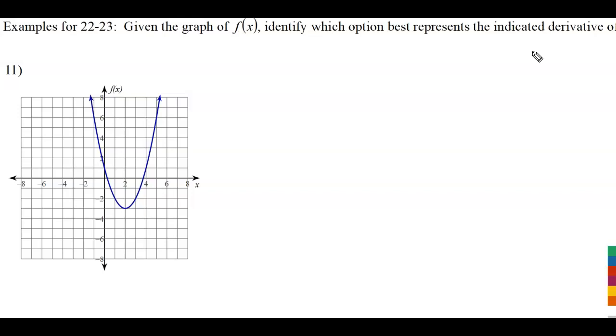Well, you may notice that from here to here, the slope is negative. And you'll notice that from here to here, the slope is positive.